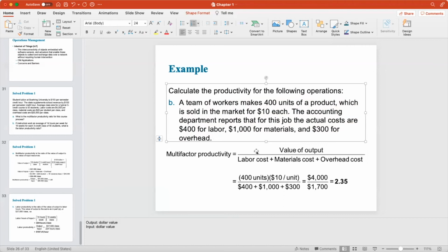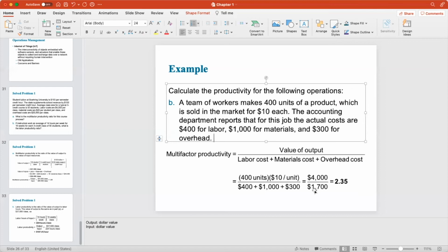We don't need to change anything related to input, since I just change the unit for output. So instead of using 400 times $10 per unit, you directly use 400 units, because since we just use the product amount as the output, 400 units would be the correct one.